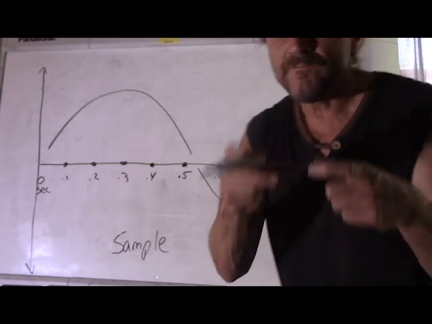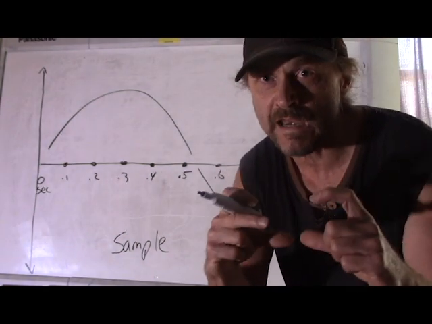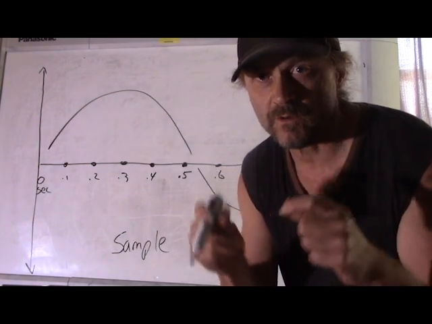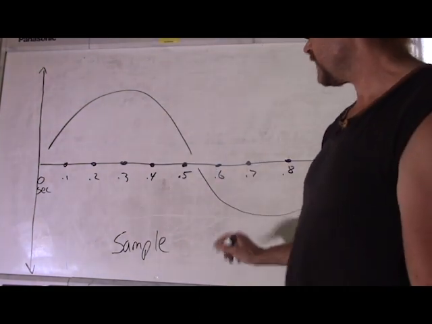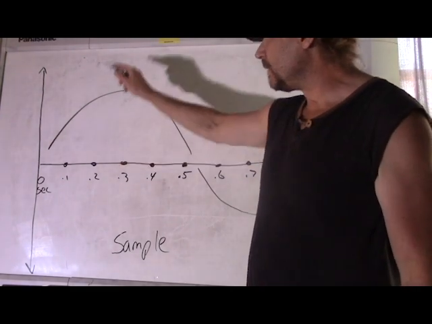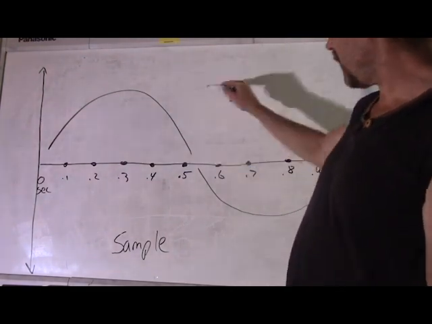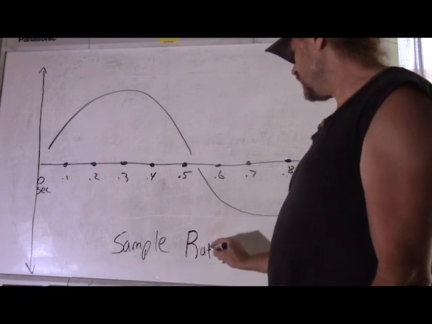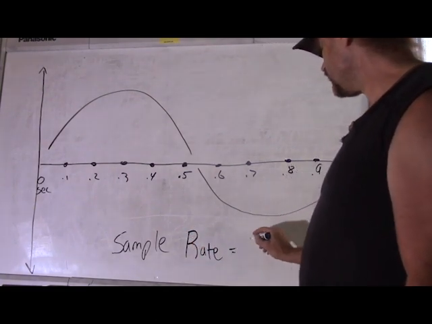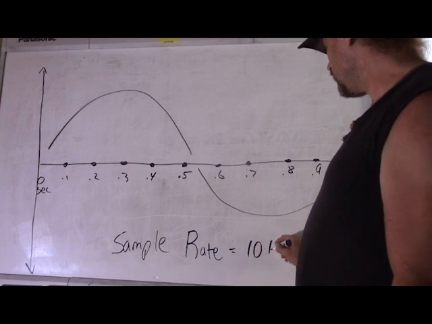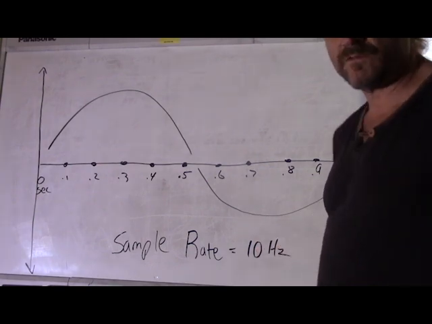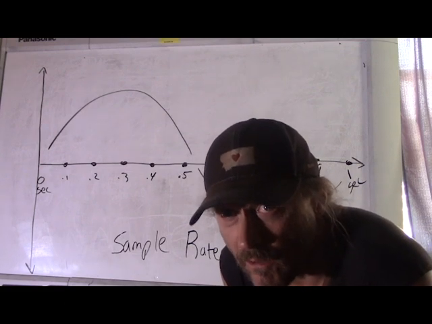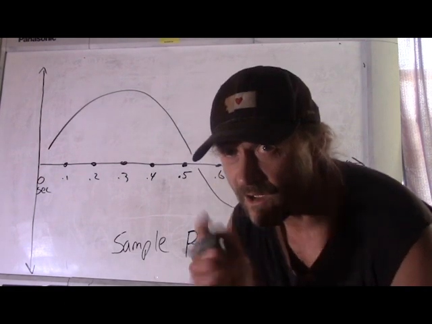That little memory of what I sang with its code of ones and zeros, that's called a sample. So how many times it listens to see what's going on in the air is called the sample rate. And here we're going to say the sample rate is 10 hertz, just to make life easier. Of course, in real life, it's going a lot faster than that. But we'll talk about that in a second.